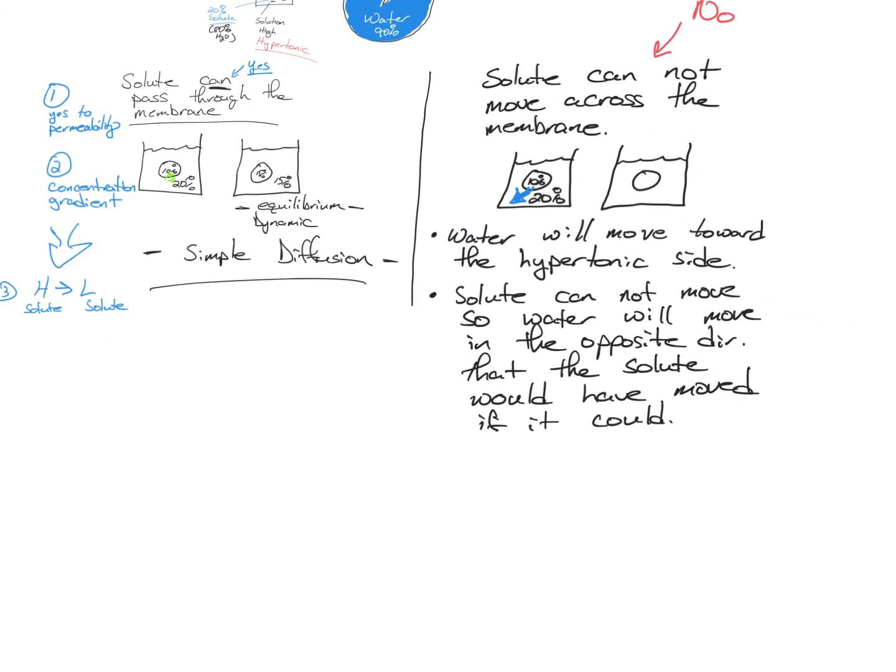Even though this is more complicated, I don't think it's the best one. It's a more complicated definition. You have to think more about it: okay, the solute can't move, so it would have gone in, so then water moves out, because it's opposite. Okay, fine.